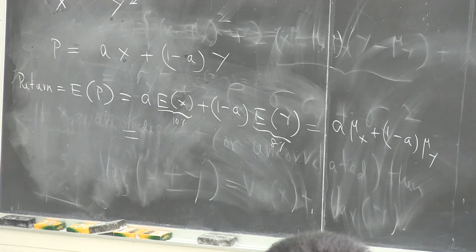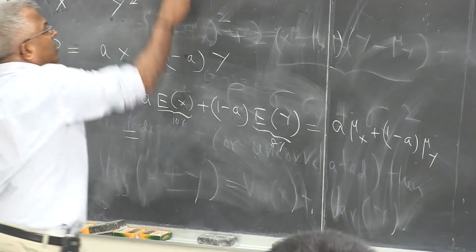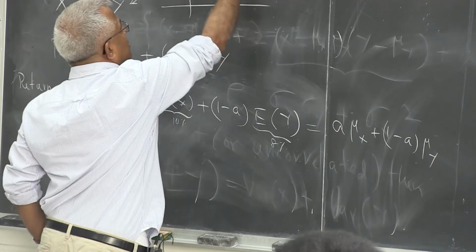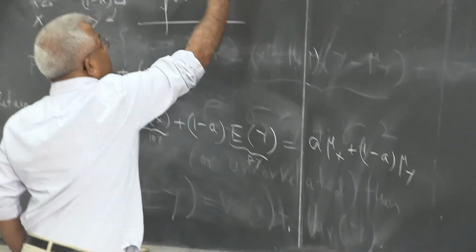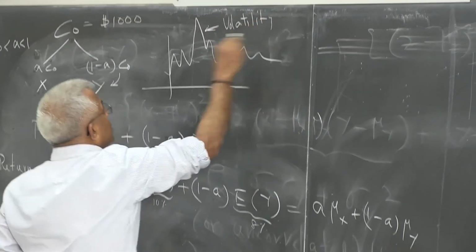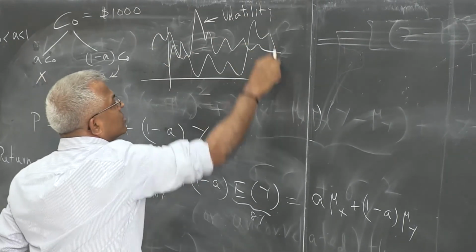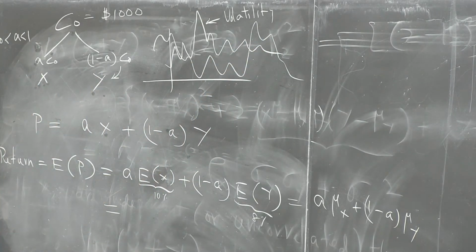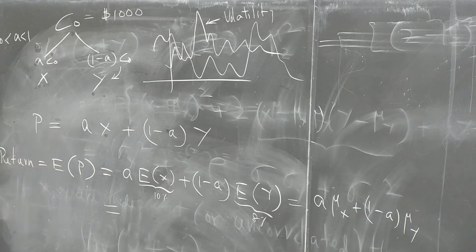Another reason to diversify is that if you look at each stock, this is the volatility, and the other one may be also like this. So generally you have to measure the volatility. From what we have learned, what is a good measure of the variation? Anyone?